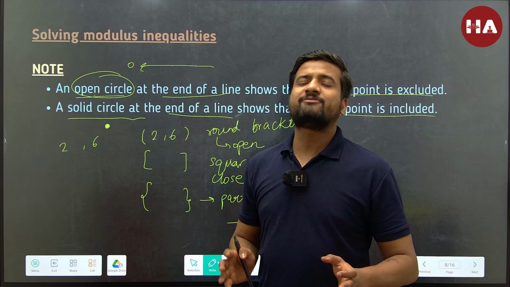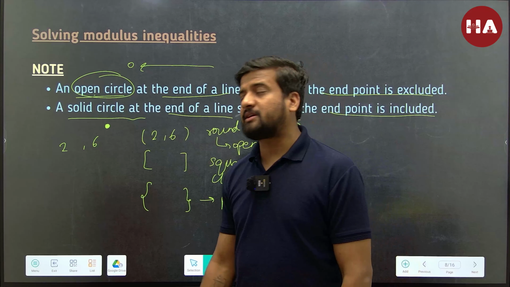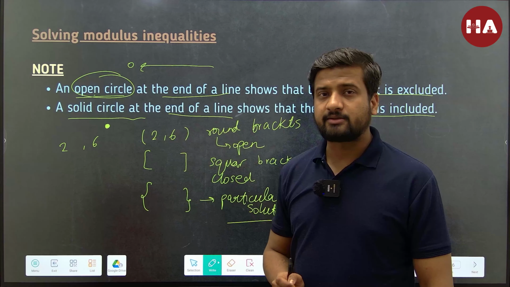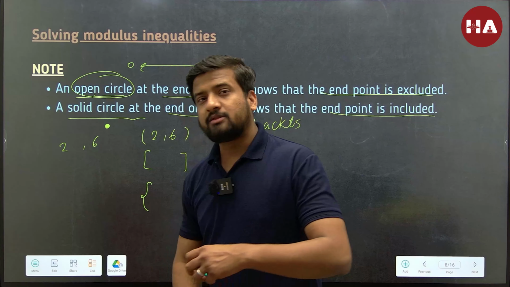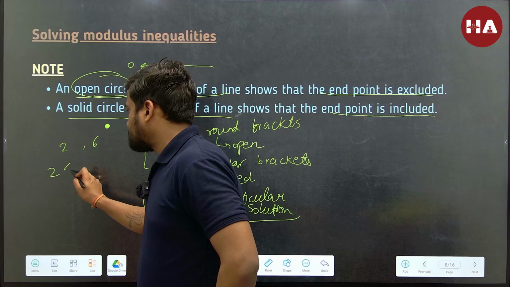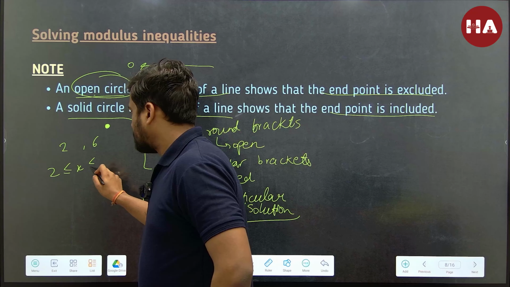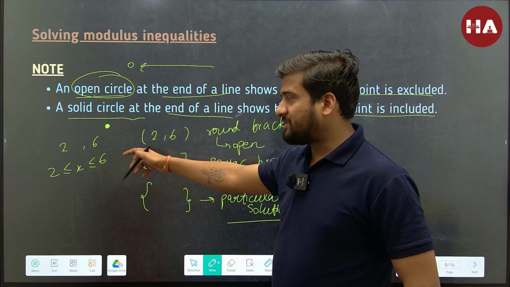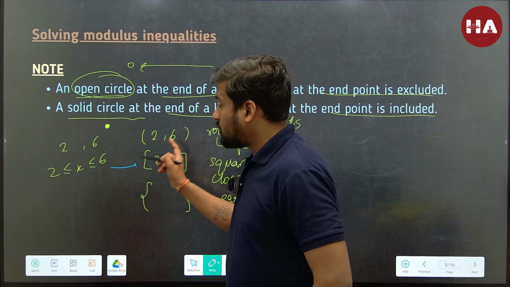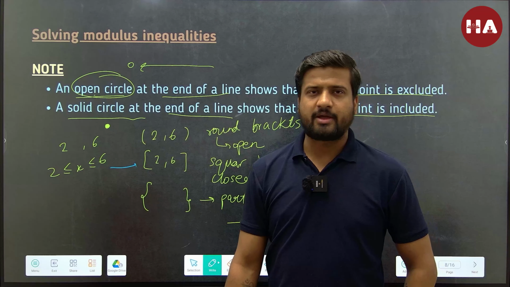Whenever the extreme values are not included in my answer, I use round brackets or open brackets. But when the extreme values are included in my answer, something like this, if I have to write this in bracket notation, I'll write 2 comma 6 with closed brackets or square brackets, right?